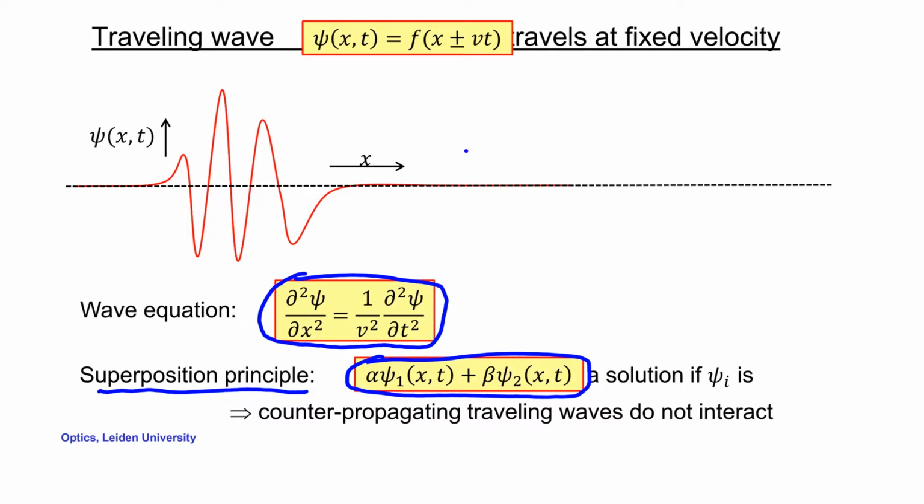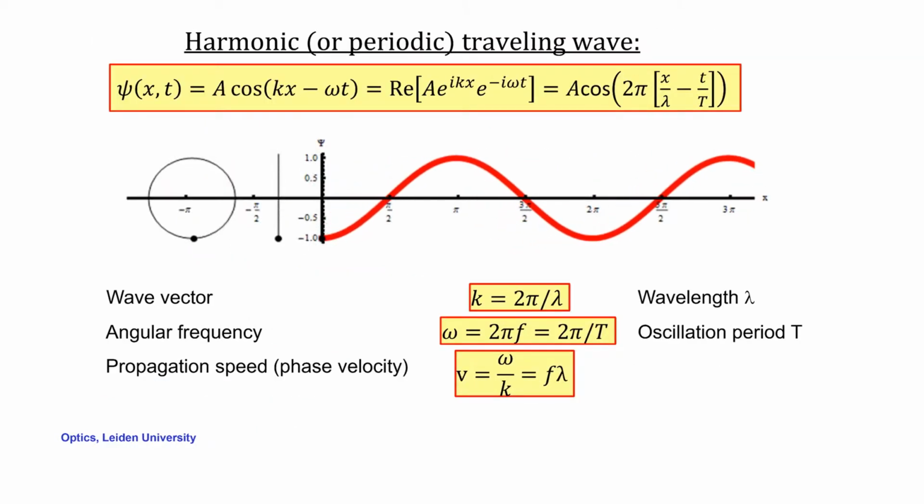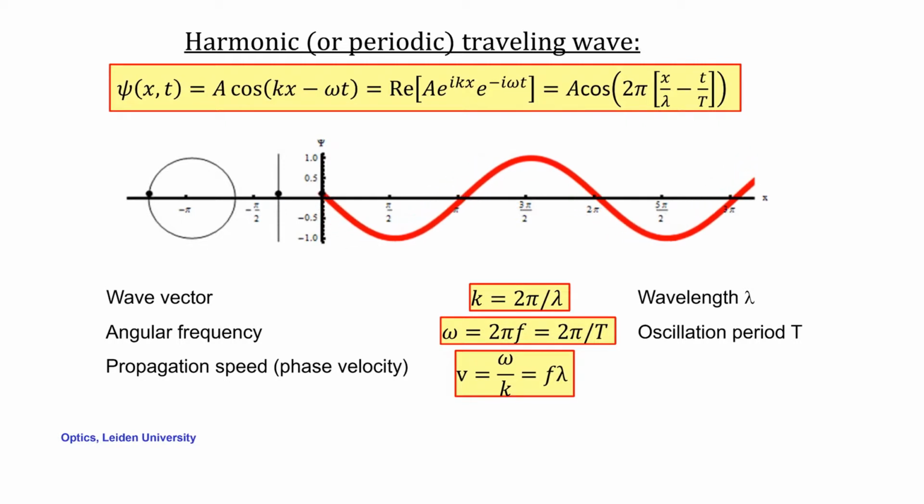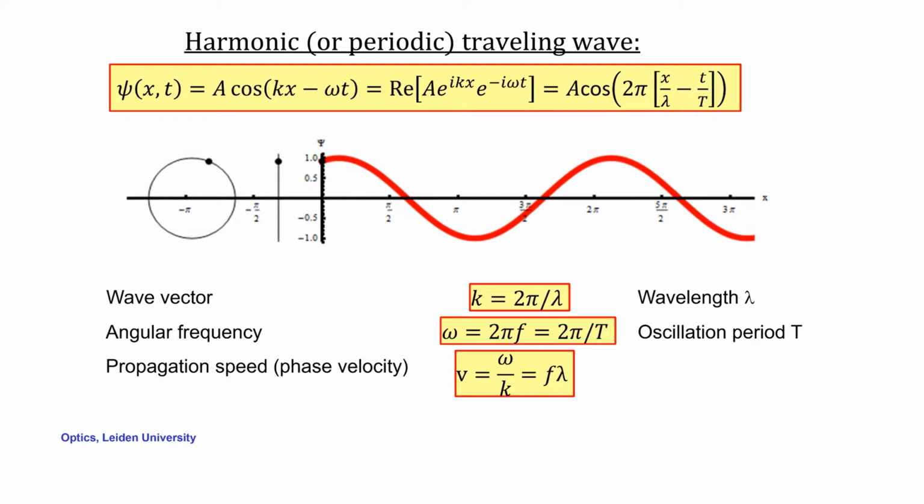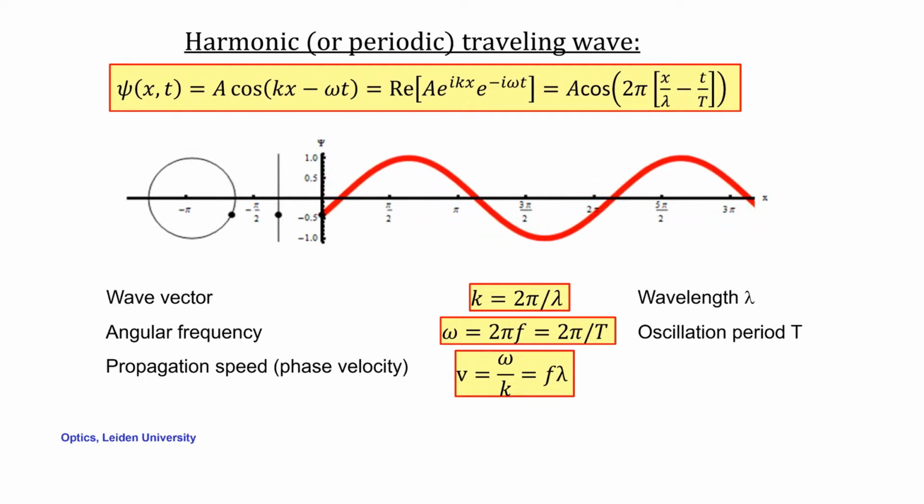If you have a wave traveling to the right and one wave to the left, they will interfere when they meet, but afterwards they will pass on unperturbed. A harmonic or periodic traveling wave is a wave that oscillates at a fixed frequency and therefore oscillates forever.